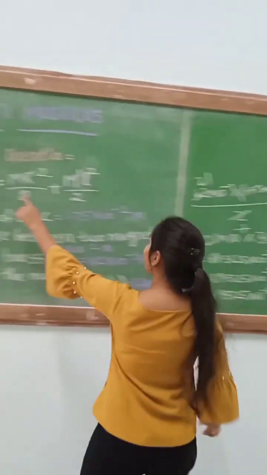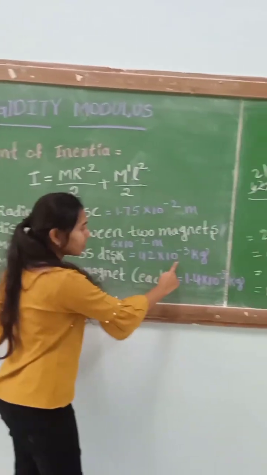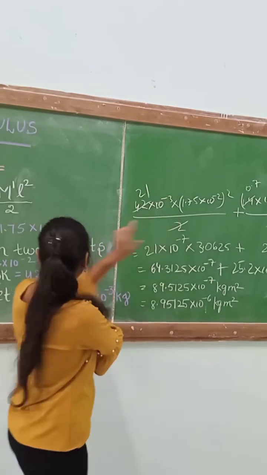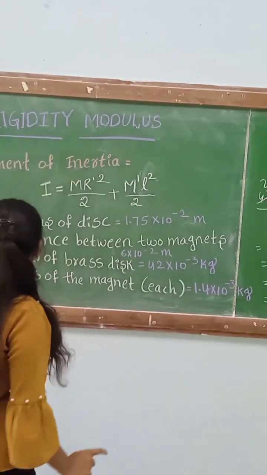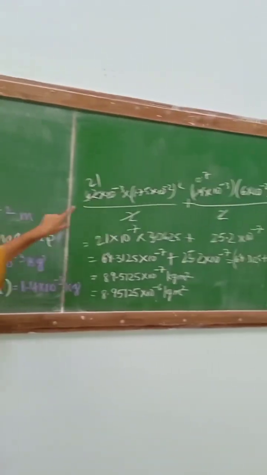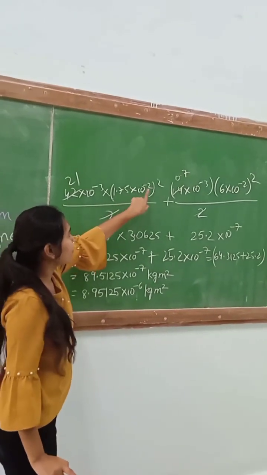So the value of m is 42 x 10^-3 kg, and r' is 1.75 x 10^-2.